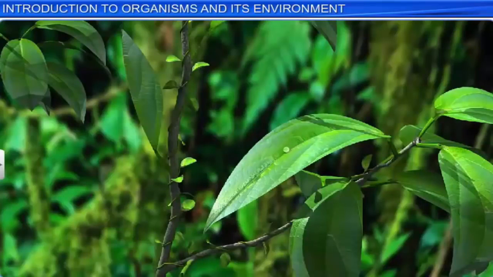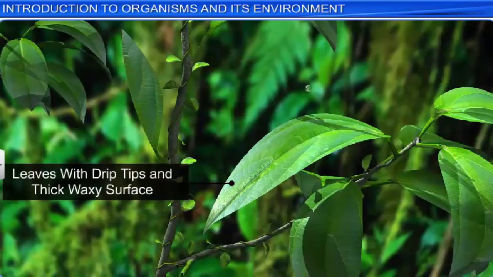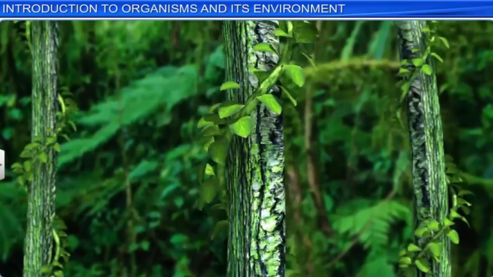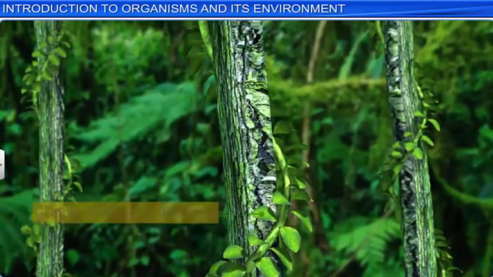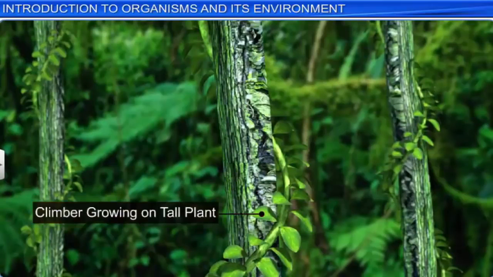On the other hand, plants growing in rainforests have developed special mechanisms such as leaves with drip tips and thick, waxy surfaces which allow water to run off. Moreover, some climbers grow on tall plants to receive sunlight.